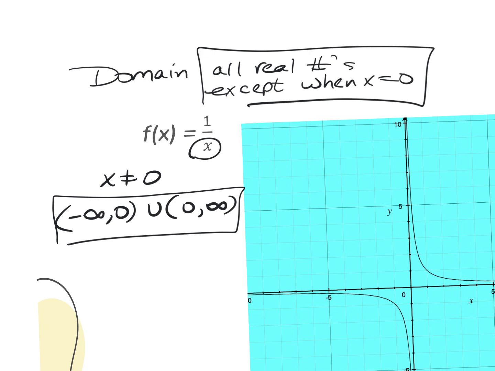So remember, for the domain, when they're rational functions, we're just looking to see what would make our denominator a 0. Now, this is actually, they look like boomerangs almost.